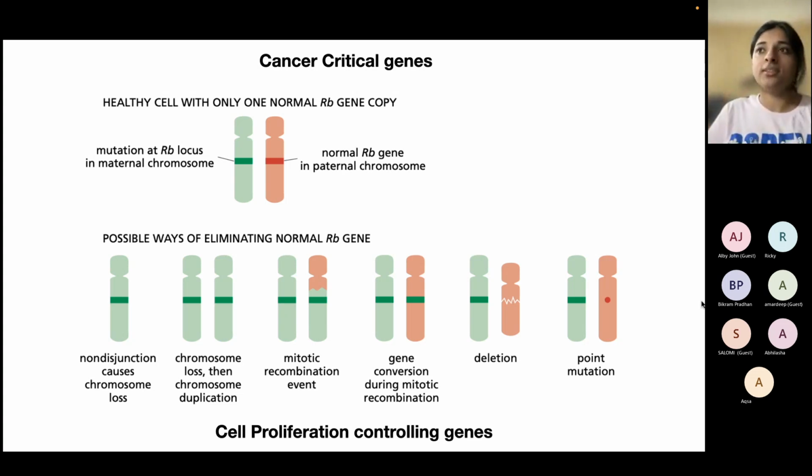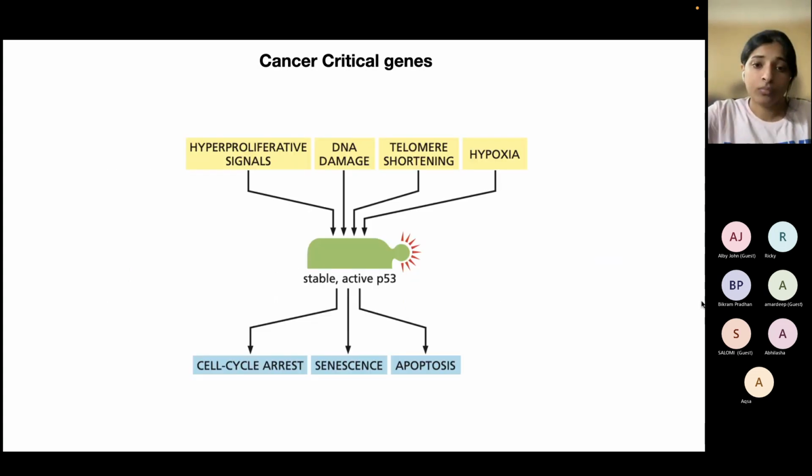If this gene is present, then the cell does not proliferate. But now if both the copies have been mutated, then that gene is not present, because of which cell proliferation is uncontrolled. So this is an example of one of the most commonly mutated cancer critical genes, known as P53.